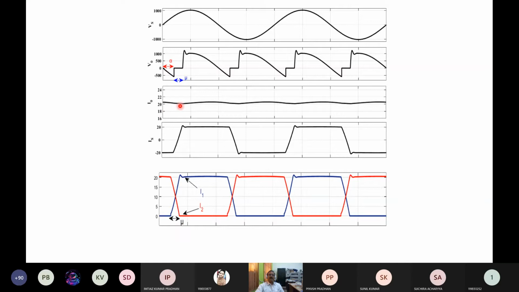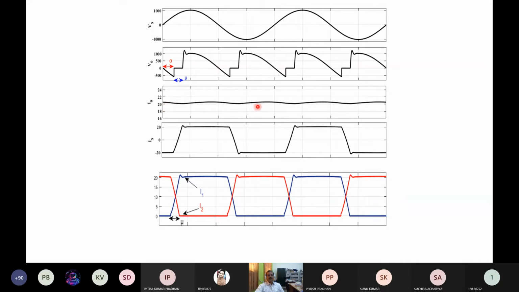So we are assuming that current is ripple free, but it is not so actually, because practically this is an actual simulation result. In a book, or if I draw, it will be a straight line. But if you simulate, we have connected a very large inductance.